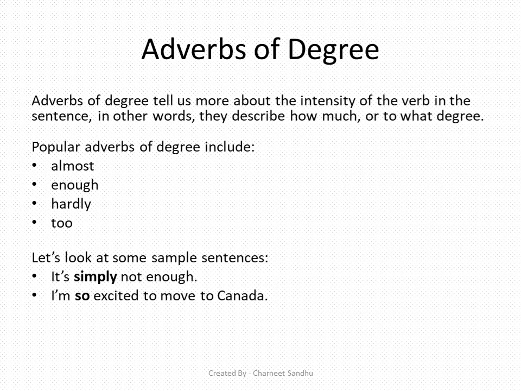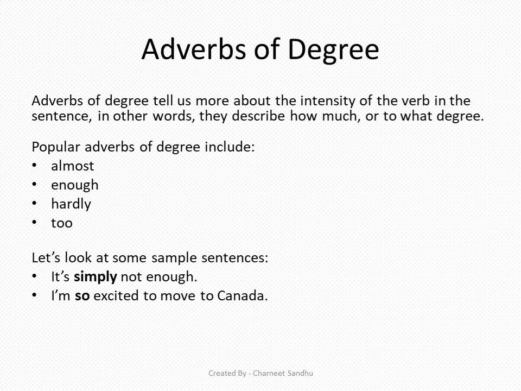Adverbs of degree. Adverbs of degree tell us more about the intensity of the verb in the sentence. In other words, they describe how much or to what degree something happens. They can be categorized as low degree, medium degree, and high degree.